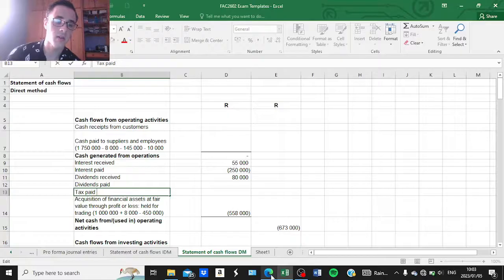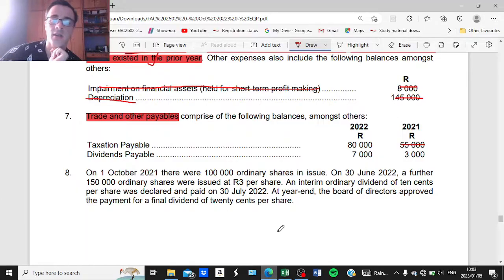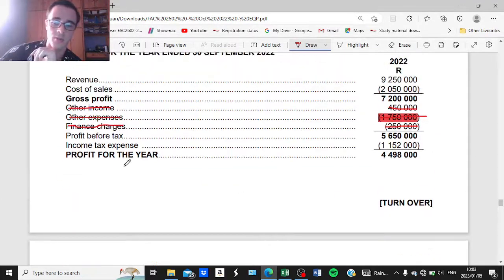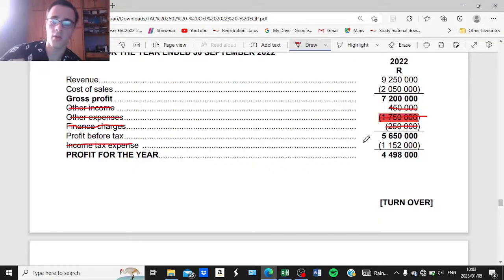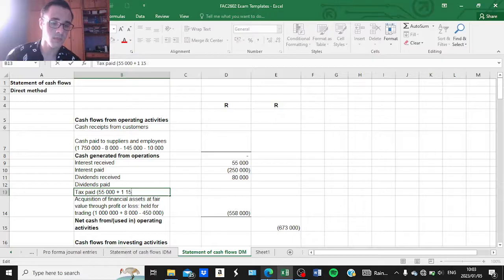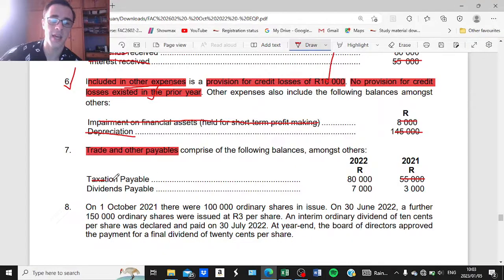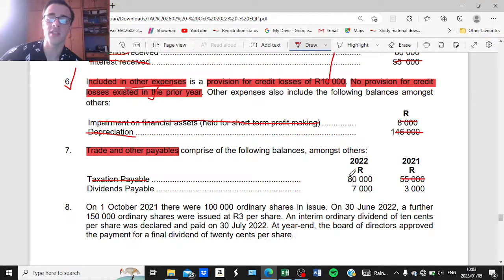So this was the amount payable at the beginning of the year. We will add the income tax expense that was disclosed in the statement of profit or loss and other comprehensive income, 1,152,000. And then we will need to subtract the taxation payable at year end, which is 80,000.